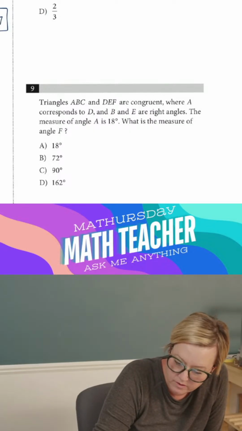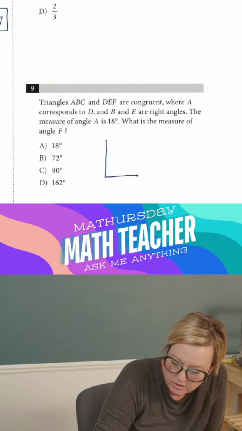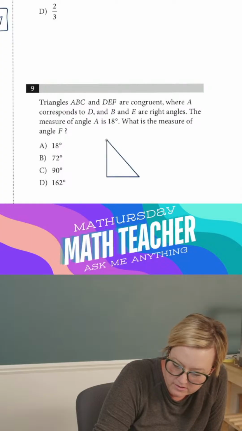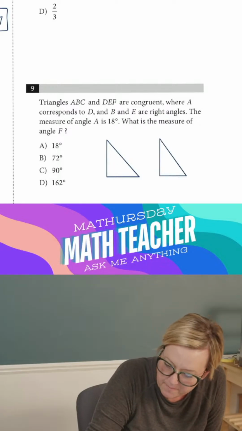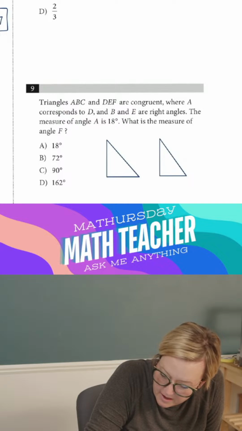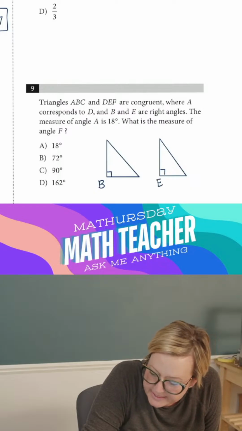So what that means is we've got two congruent triangles. Let's see if I can make these congruent. Yeah, pretty close. Okay, so B and E are the right angles. I know these aren't perfect, but deal with it.